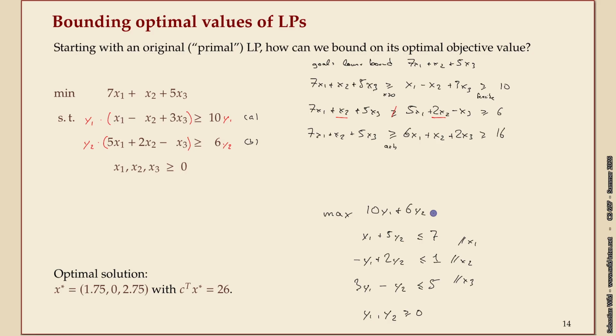See how, just by the numbers, this nicely corresponds to working superficially on the LPs. The coefficients of the objective function turn into the right-hand sides of the inequalities. The right-hand sides of the inequalities in the original problem turn into the coefficients of the objective function.